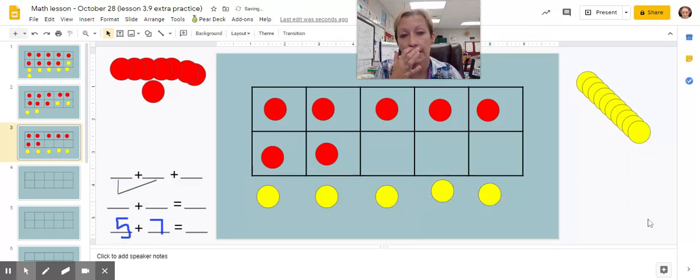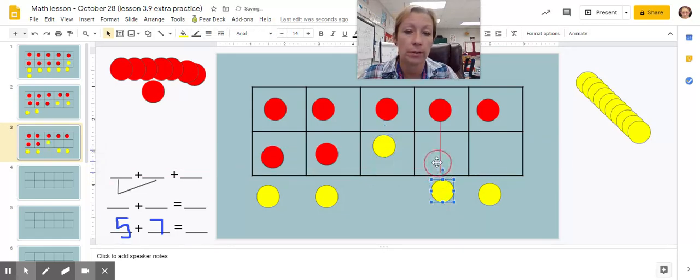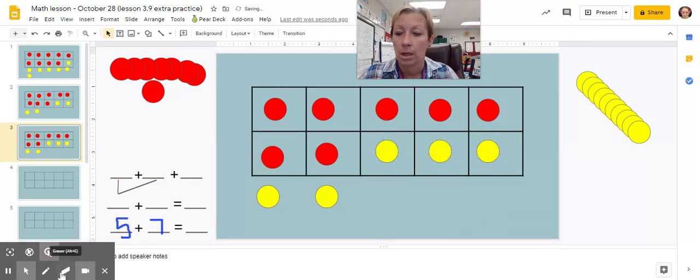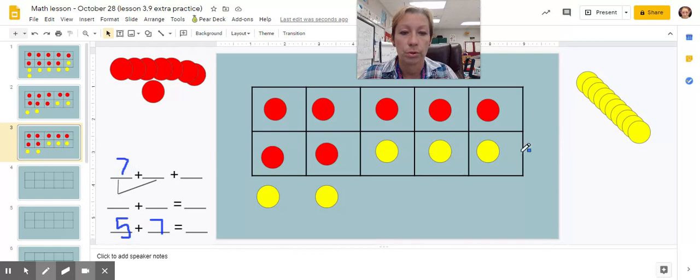Very nice. So now, do you see open spots? I do. Do we like open spots? No, we don't. What do we have to do? We just have to move those yellow counters into that empty spot so we fill all 10 frames. Well, let's look at our numbers now. First, what do we start with? 7. How many did you move? 3.